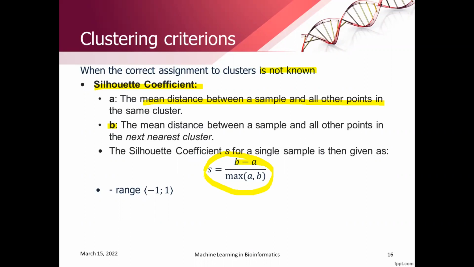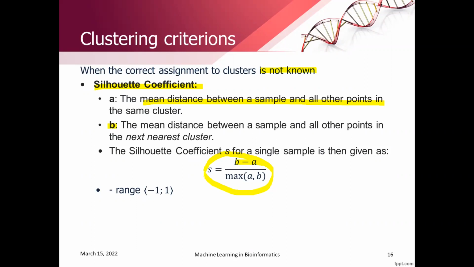If we have clusters that can be of any shape, and if we have two such clusters, then of course the mean distance from the observation to the observations in the same cluster and the mean distance to the observations in the closest other cluster are very similar.